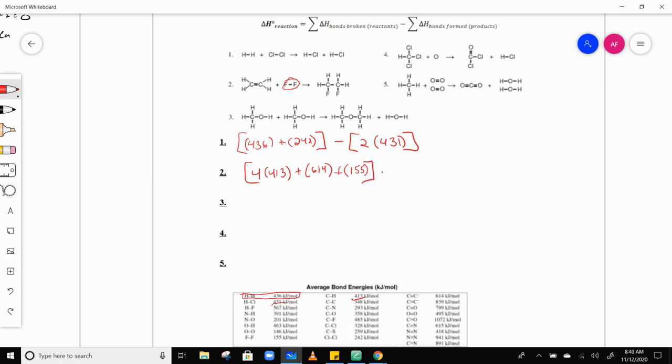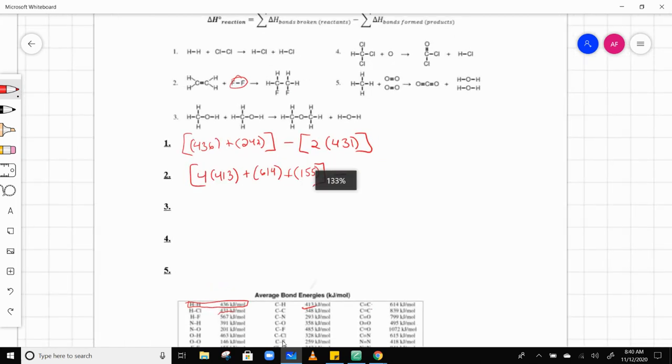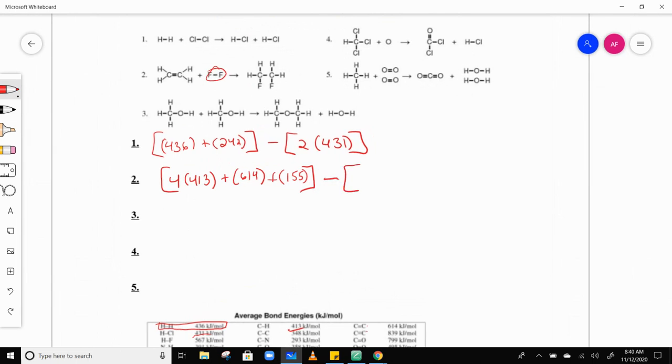Then we subtract the products. You can see how this kind of gets confusing because you got to keep track of all the ones that you've accounted for. Okay. So CH, we have 1, 2, 3, 4 CH bonds. So it's actually the same as the reactants. And then we have CF bonds, 2 CF bonds.